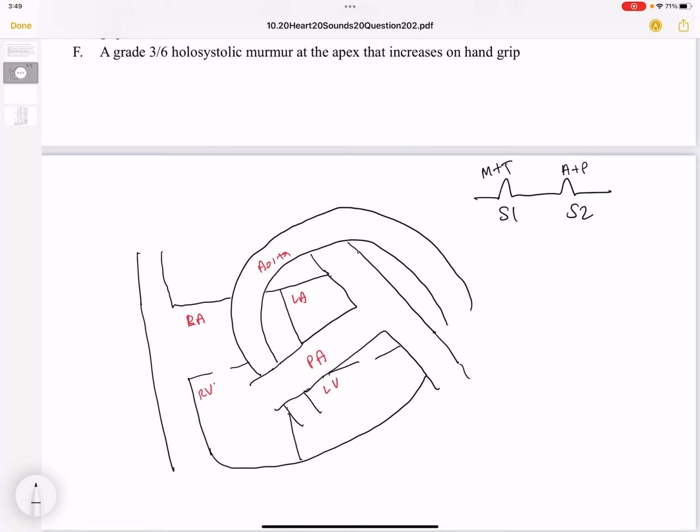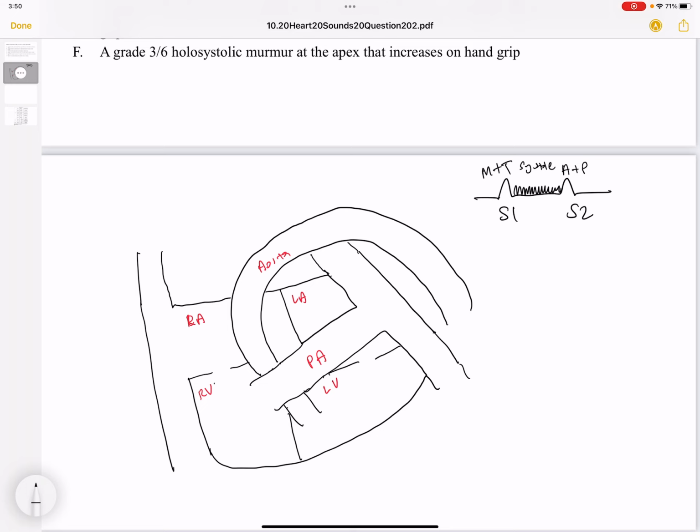When the aortic and pulmonic valves close, that marks the start of diastole, and when the mitral and tricuspid valves close, that marks the start of systole. Between S1 and S2 is going to be systole, and a systolic murmur, a holosystolic murmur, is going to be continuous between S1 and S2.